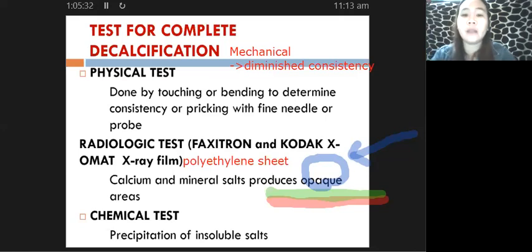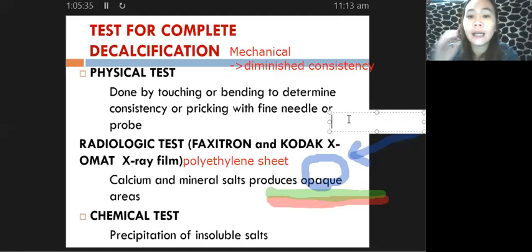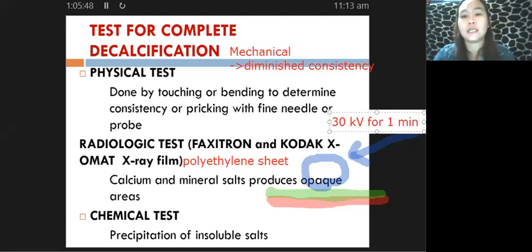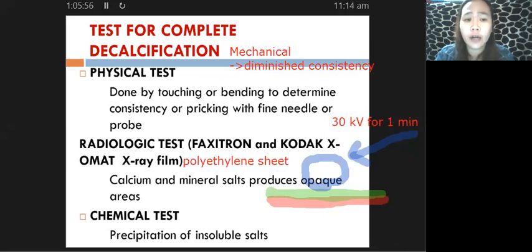So we have to expose your tissue sample in X-ray at 30 kilovolts for 1 minute. After which, of course, you check your X-ray film for the presence of opaque areas.